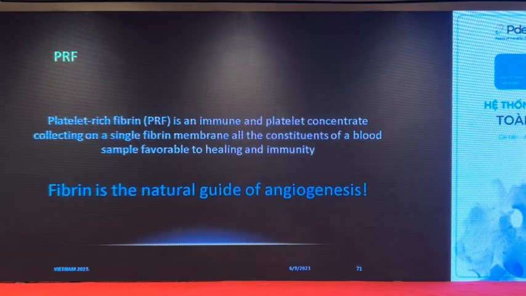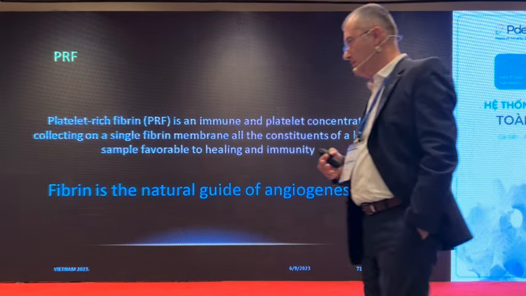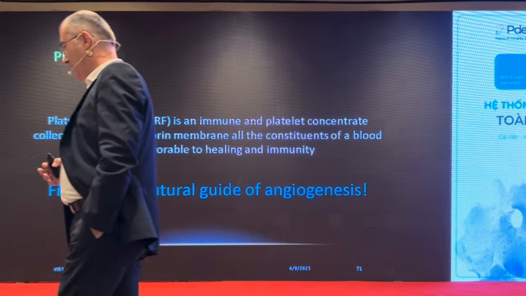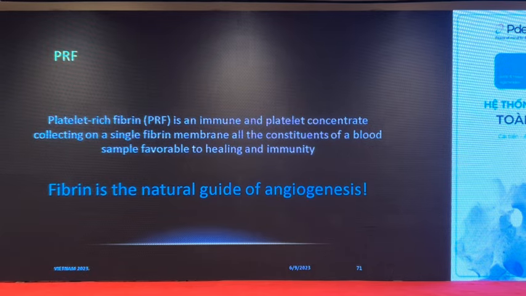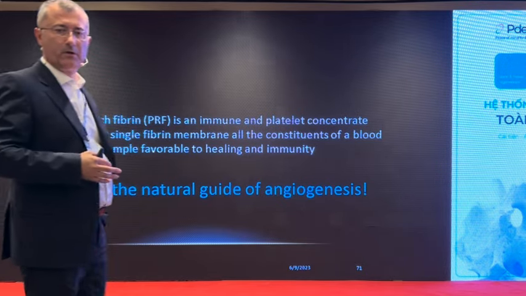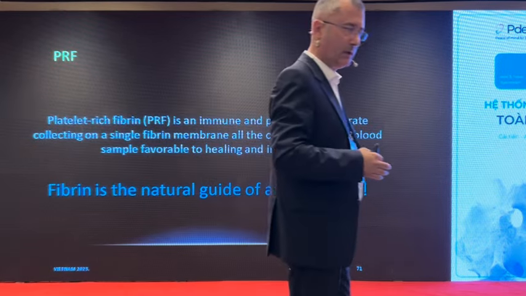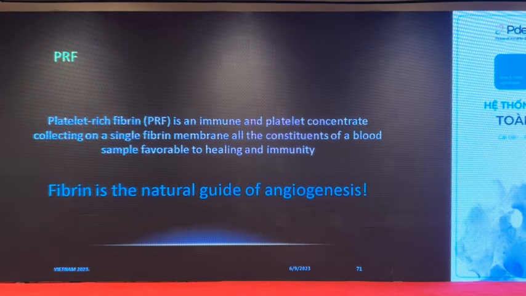We can find this fibrin in platelet-rich fibrin, which is an immune and platelet concentrate collected on a single fibrin membrane, with all the constituents of a blood sample for healing and immunity. Fibrin is the natural guide to angiogenesis.